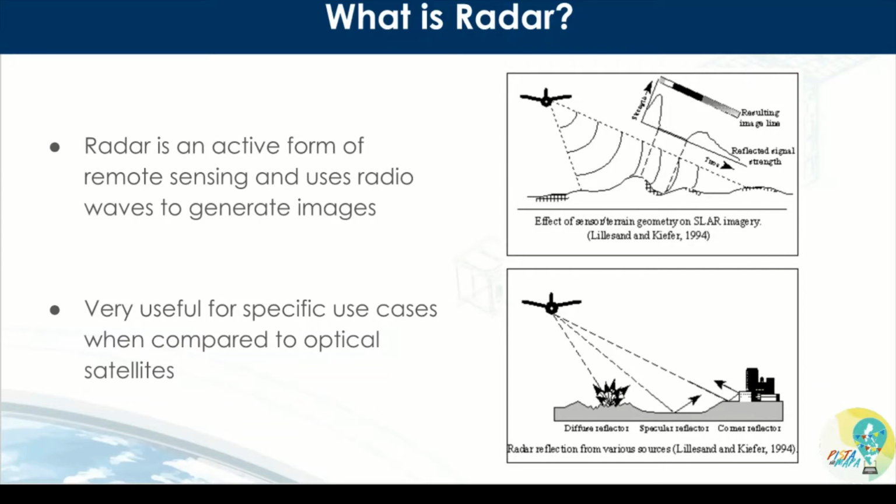Areas that return a lot of radar signals are often urban areas. You can see in the image that the signal also gets amplified because of the double bounce. So this leads to urban areas looking really bright on the radar image. Vegetation can vary because there can be different types of vegetation.